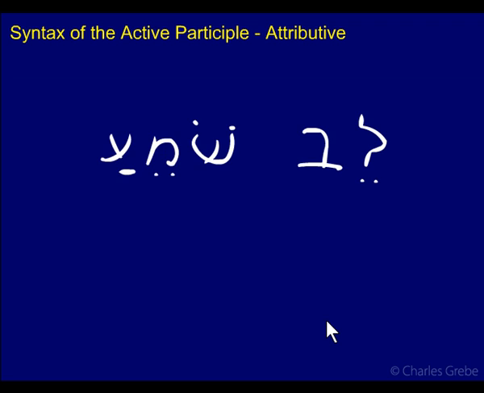Here we have lev shomea. So lev means heart, and shama is to hear or listen. And so here we have a listening heart. This comes from 1 Kings 3:9. You probably would not translate this a heart that listens. Probably from context it would be a listening heart. Just like an adjective modifying the noun. Notice we have our furtive patach there, shomea.